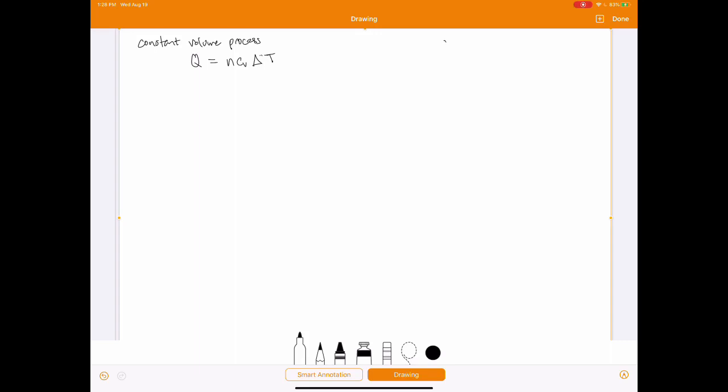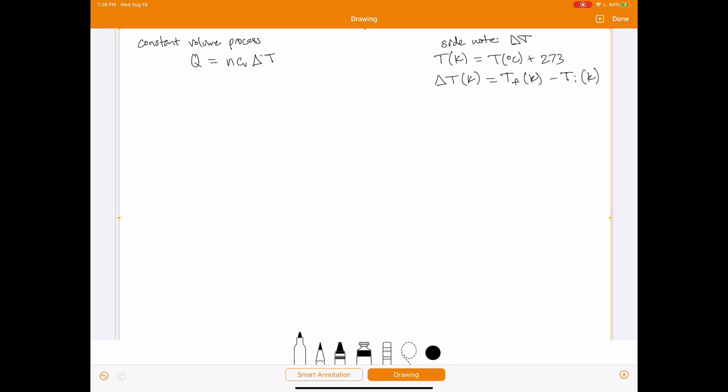And as kind of a side note, let's talk about temperature changes. Remember that if we're going from the Kelvin to the Celsius scale or vice versa, there's a conversion where the temperature in Kelvin is given by the temperature in degrees Celsius plus 273. Okay, so what if we're talking about not a temperature, but a change in temperature? If there's a change in temperature, and let's say we want to measure that in Kelvin, that would be T final measured in Kelvin minus T initial also measured in Kelvin.